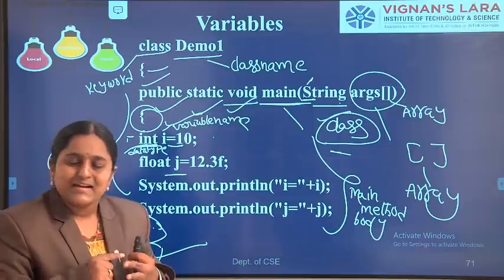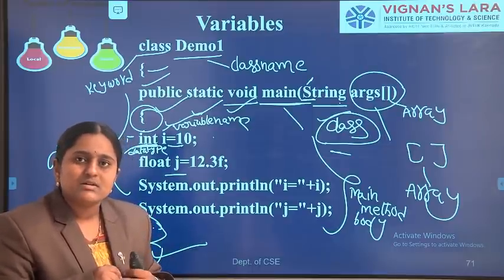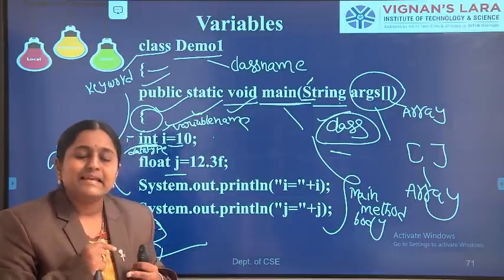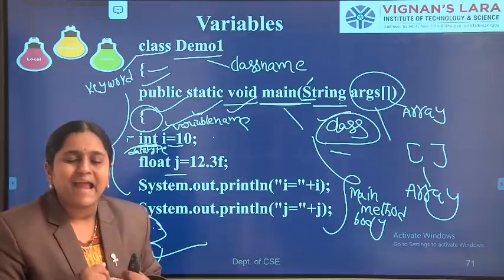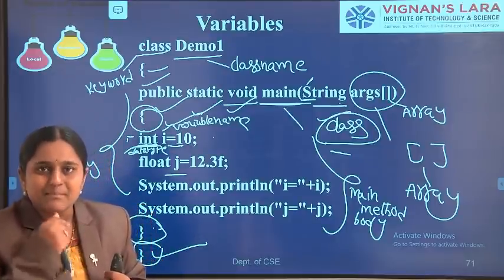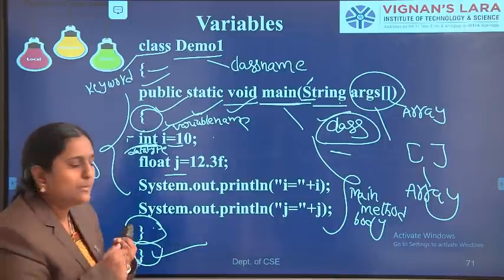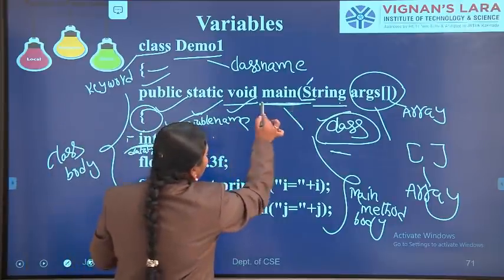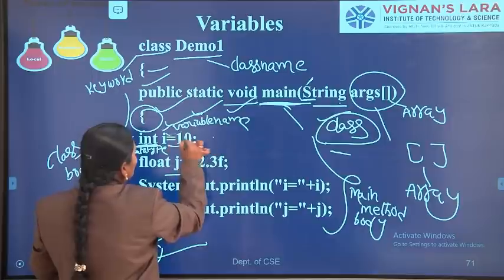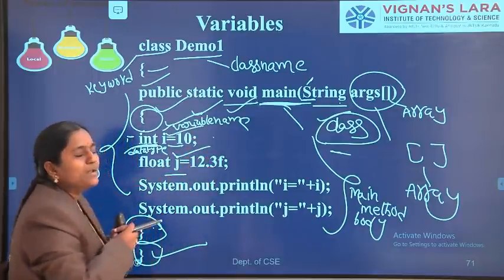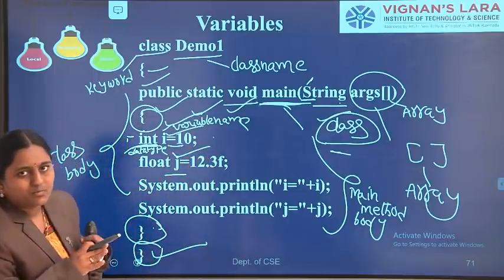How can we say these two are local variables? Any variable defined within a method can be called a local variable. Main is the method, and in it we define two variables, i and j.